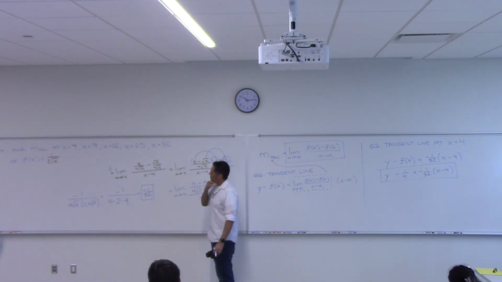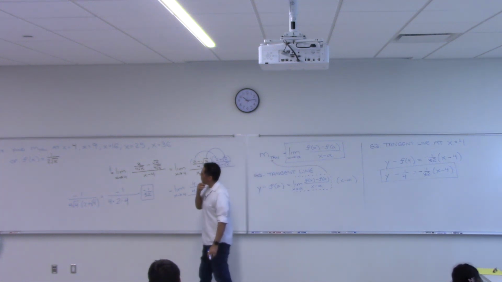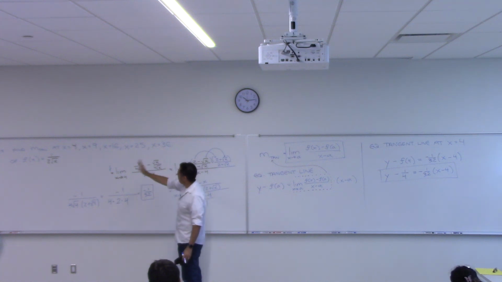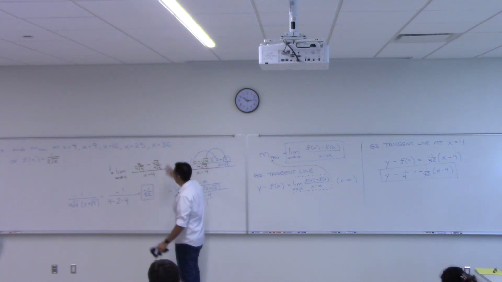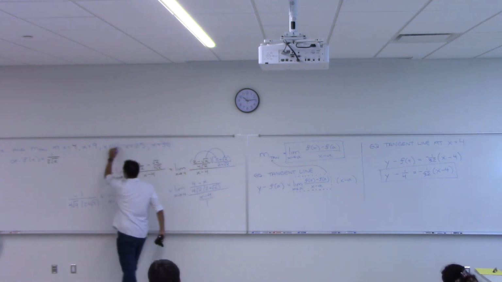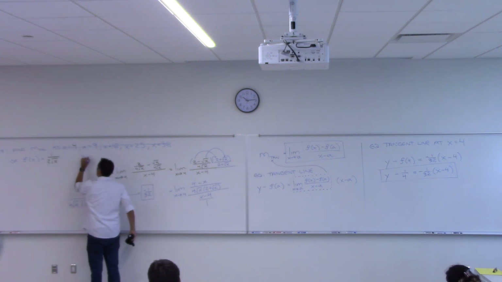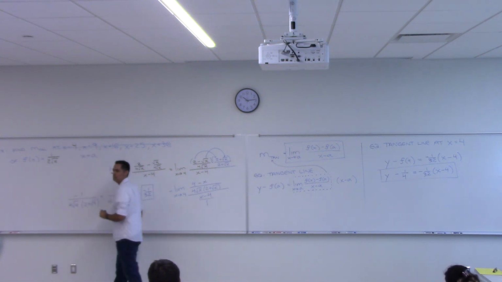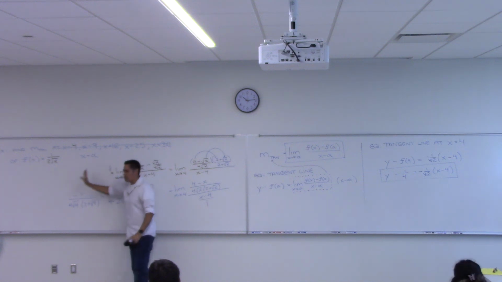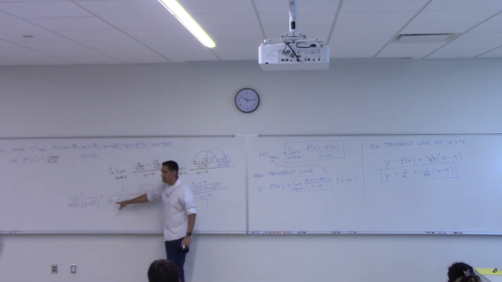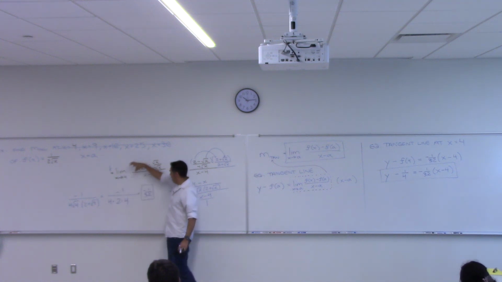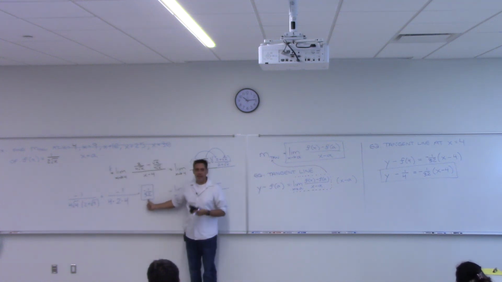So what we're going to do next time, after more practice first, is say, you know what, instead of doing it at each of these values, why don't we just do it at some arbitrary value, x equals a? And then run through the limit and never replace the a with anything. Just leave the a as it is. And what we'll get here, instead of a number, is a formula.